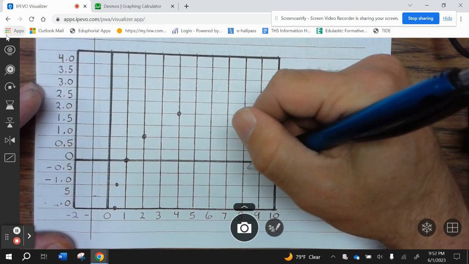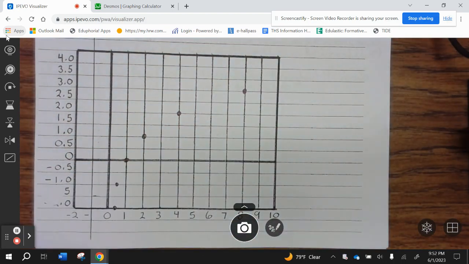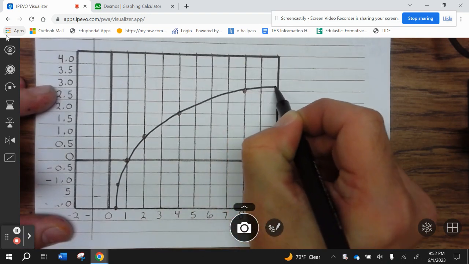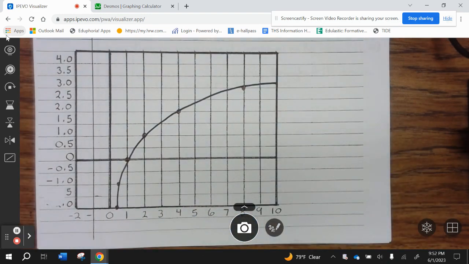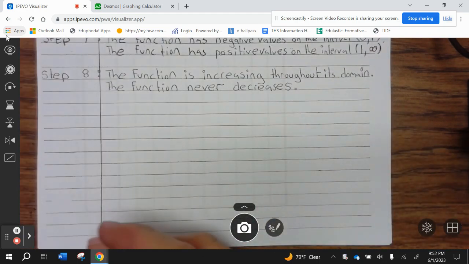And then 8, 3 is right here. Okay, there's your function. All right, let's take a look at the next page.